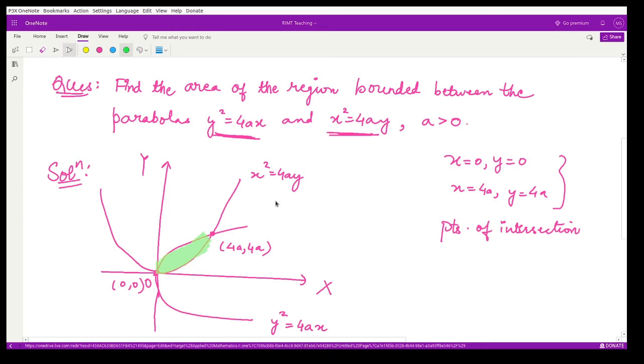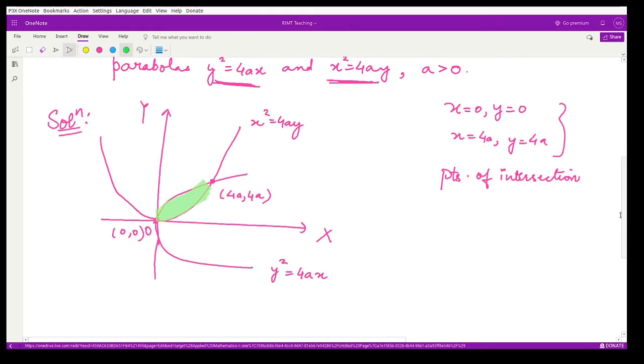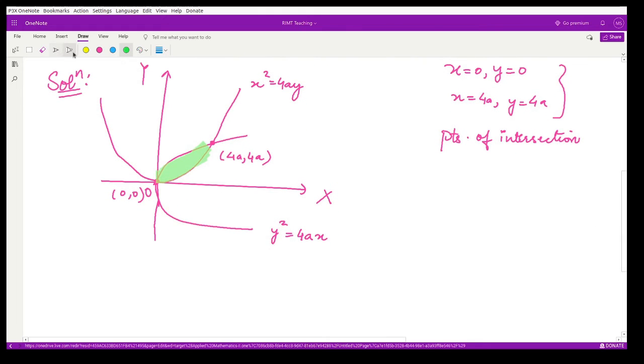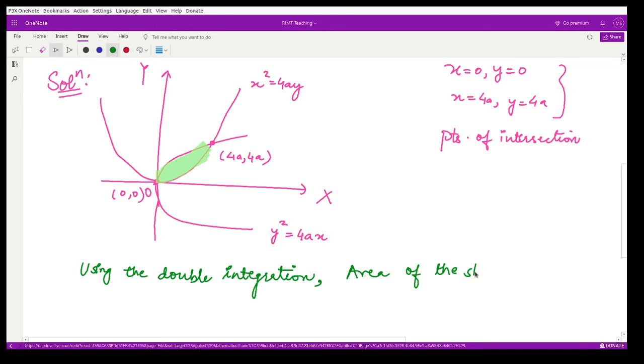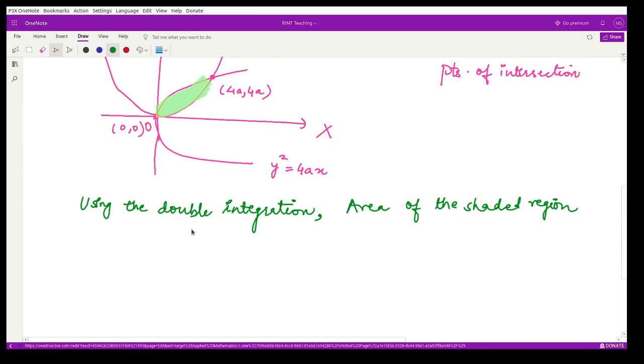So in this region, how can we calculate the area? We'll calculate the required area using the double integration. The area of the shaded region would be equal to the integration of the function, which we are taking to be equal to 1, because we are interested in calculating the associated area.